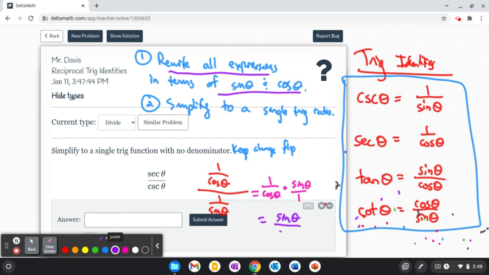Cosine theta times 1 is just cosine theta. All right, now we've still got a fraction, and we still have two functions here. Good thing is, this is equivalent to tan theta, which is a single trig function. So that is going to be our answer. Tan theta.